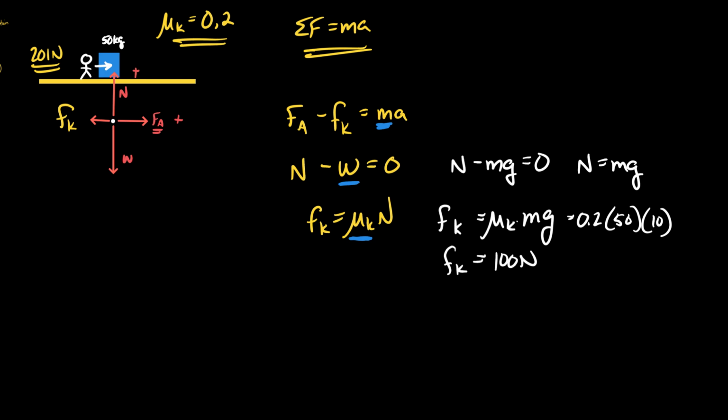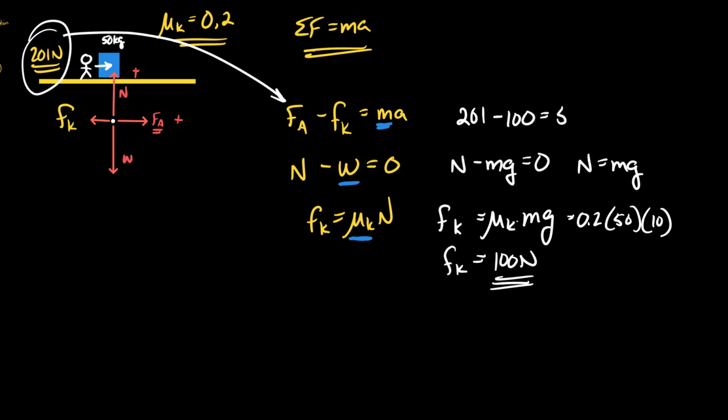Now, in this problem, we were also given the applied force. That's 201. And now I just figured out the frictional force. That's 100. That's going to equal ma. Well, look at that. That's what we wanted. How fast does the box accelerate?